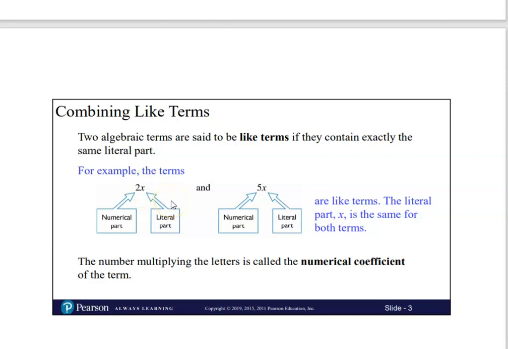So another example of things that would be like terms, if we just had the numbers -2 and 3, those are like terms. If we had -2x squared and 4x squared, those are like terms because they both have a variable that is raised to the exact same power.